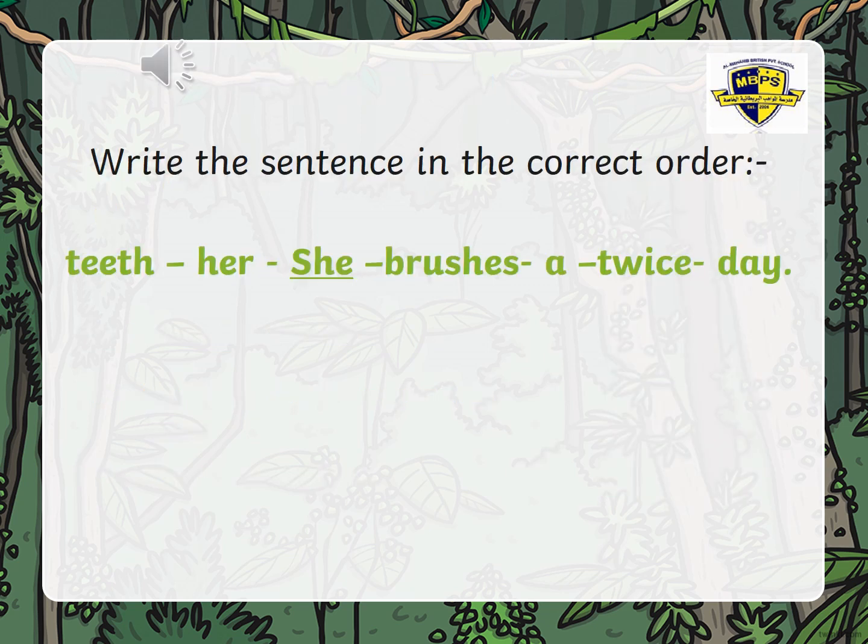Now, look here, KG2. This is a challenge question, but I'm going to help you do it because we're still explaining the lesson, okay? Now, these are all jumbled, mumbled words. What you have to do now is put them in the right order.